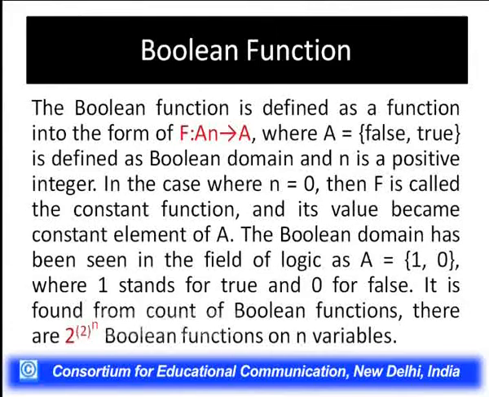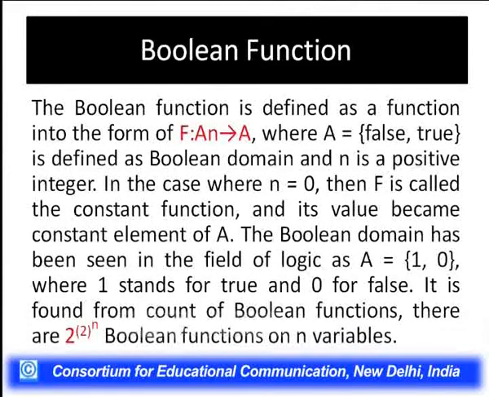In the case where n equal to 0, then f is called the constant function and its value becomes a constant element of A. The Boolean domain has been seen in the field of logic as A equal to {1, 0}, where 1 stands for true and 0 stands for false.